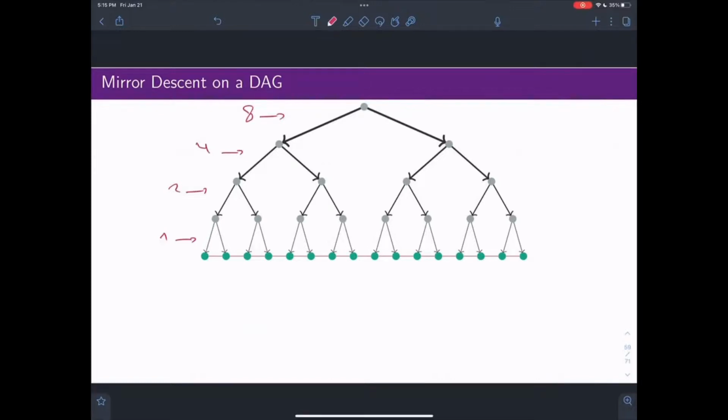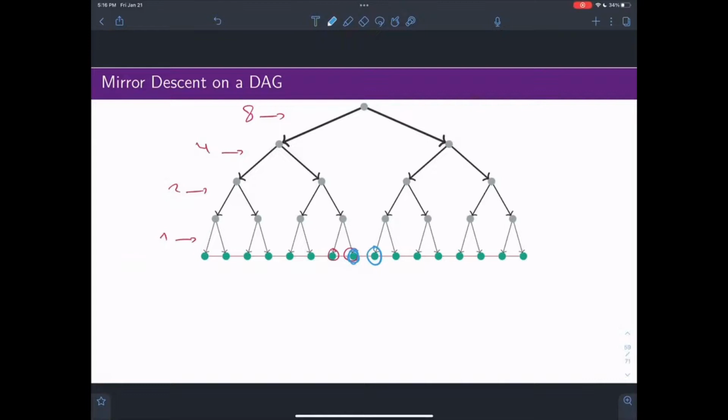And we can see that although in this HST the distance of, for instance, these two vertices is well preserved, I mean, it's 2 in this HST metric, and it's 1 in the original metric, on the other hand, the distance between a pair of vertices like these two in the middle is not well preserved at all. It's like 2 to the height of the tree, which is n, where n is the number of nodes here.